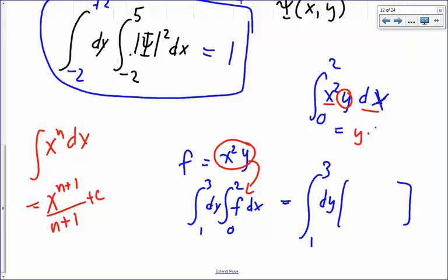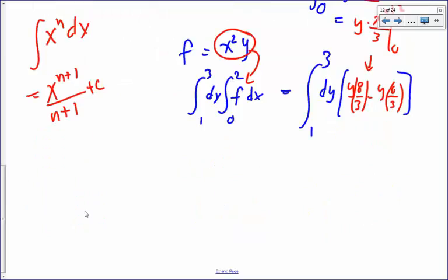So this is going to be x cubed over 3, evaluated from 0 to 2. And let's put that in here. So that's going to be y times 2 cubed, which is 8 over 3, minus y times 0 over 3.